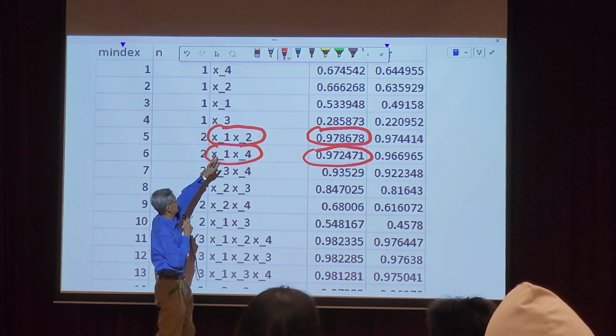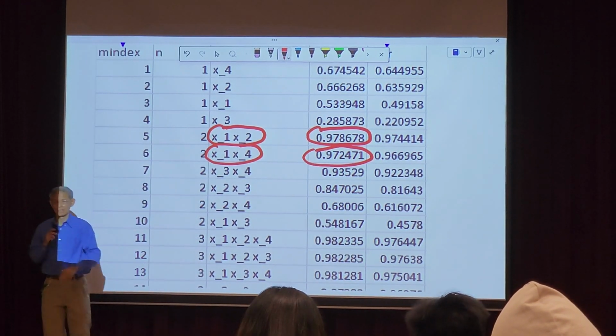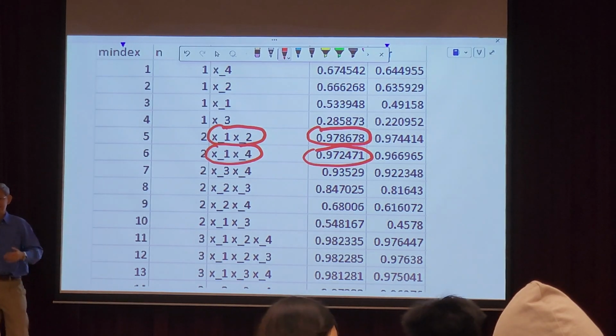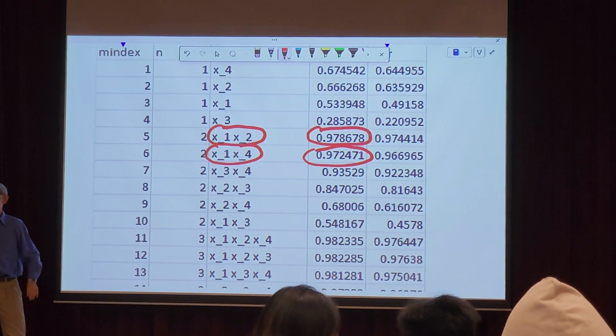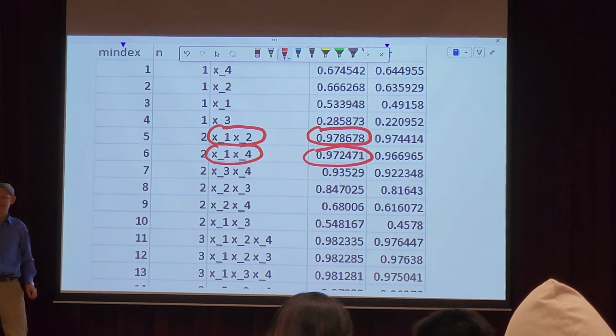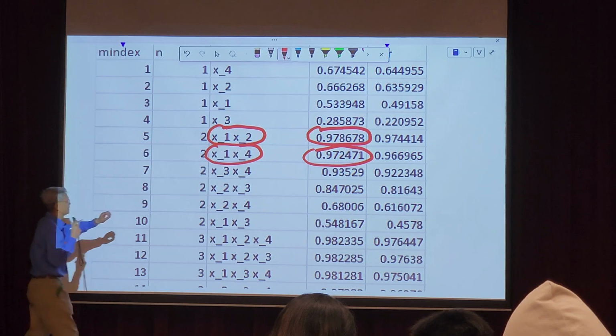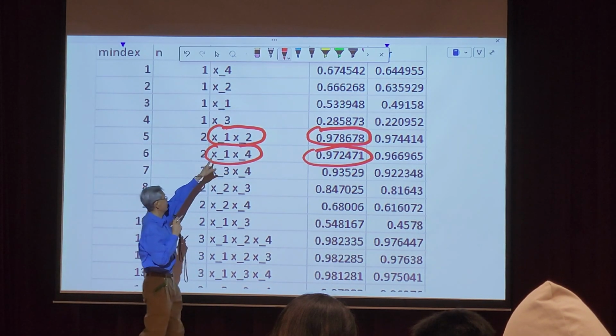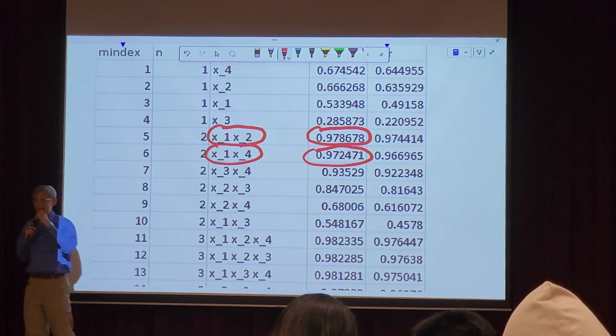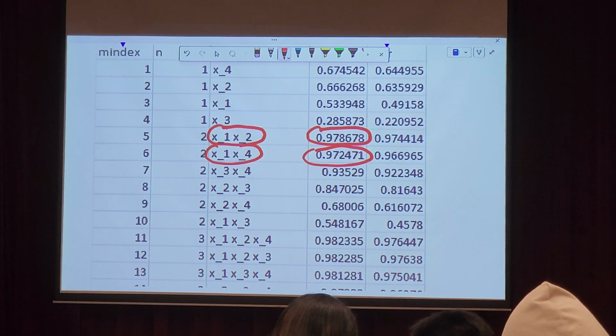Backward selection gives us x1, x2. Both of them are quite reasonable, right? Both of them choose the top two, and the difference is very small. I think if there's a bigger difference, then you will probably get the same answer for forward and backward selection.